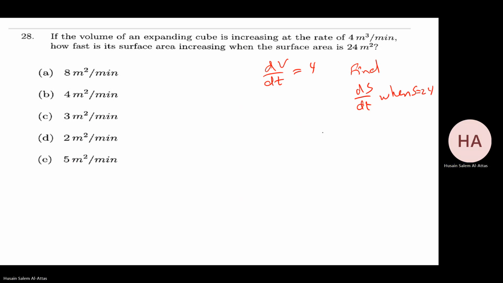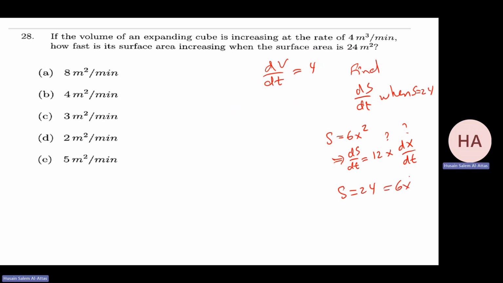So I know S is 6x squared, which implies ds/dt equals 12x dx/dt. I know S is 24, which is 6x squared. That implies x squared equals 4, so x equals 2.